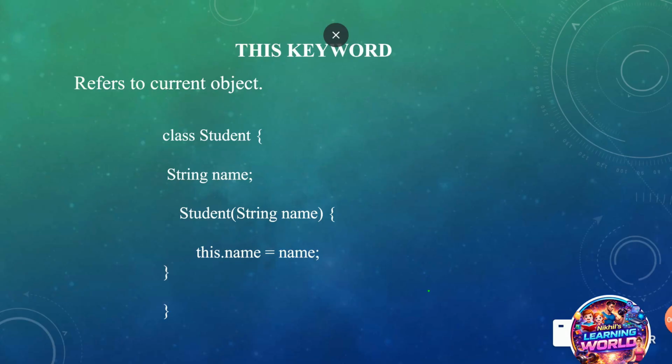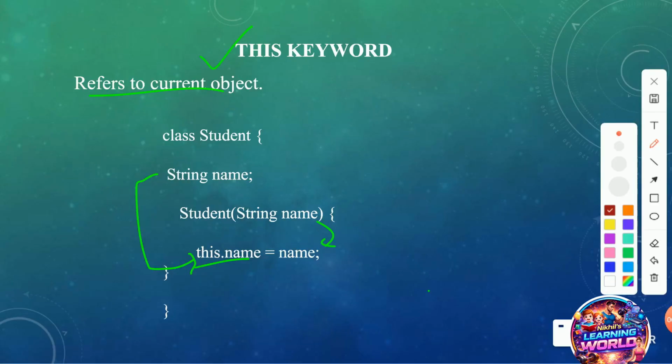So next is the this keyword. In Java, this refers to the current object. It's a very simple example you can understand here. Class Student has a string name, and Student is a function where we are passing name. Now the name is our variable, and this name is the function parameter.